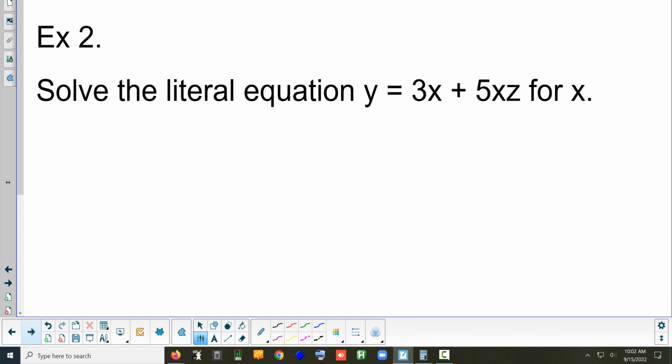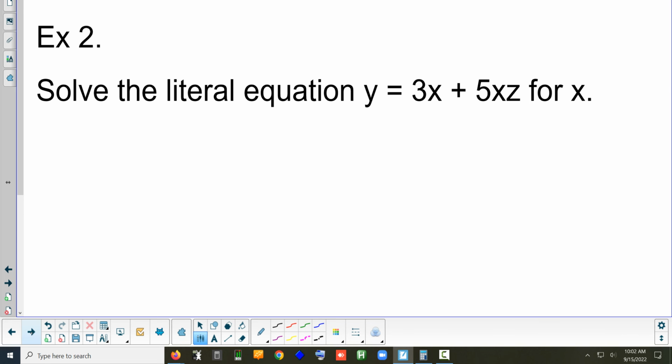So this will be example 2. And this one is y equals 3x. Let me see. Do I want to change that? Yeah, I might change that.